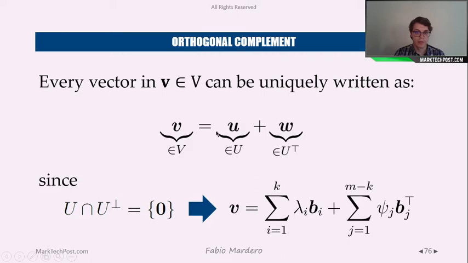In fact, since the intersection of U and the orthogonal complement of U equals the null element, because both are subspaces, V can be expressed by k vectors of the basis that lie in the subspace U, and m minus k elements that lie on W, which is our orthogonal complement.